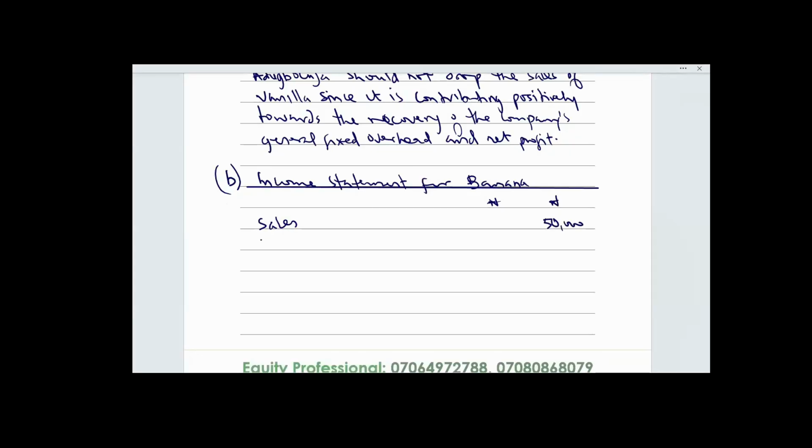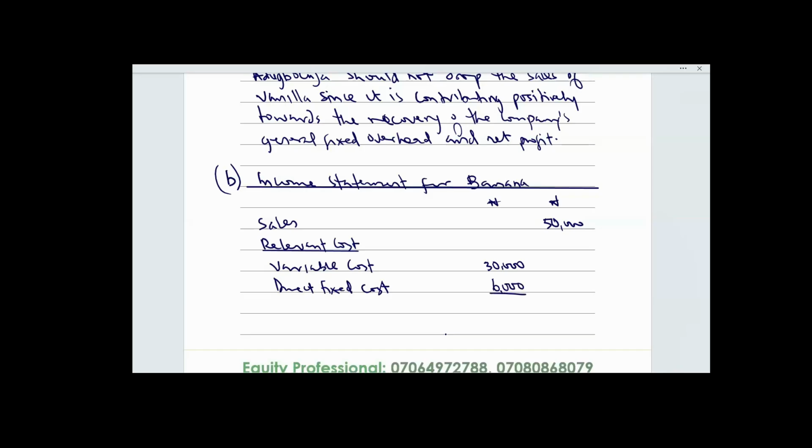We compare it with the relevant cost of producing the banana. So we are given variable costs of 30,000 naira. We're also given direct fixed costs of 6,000 naira.